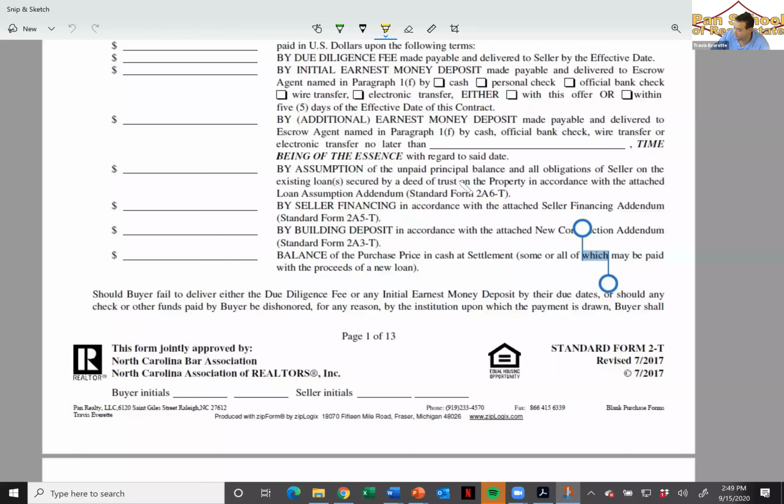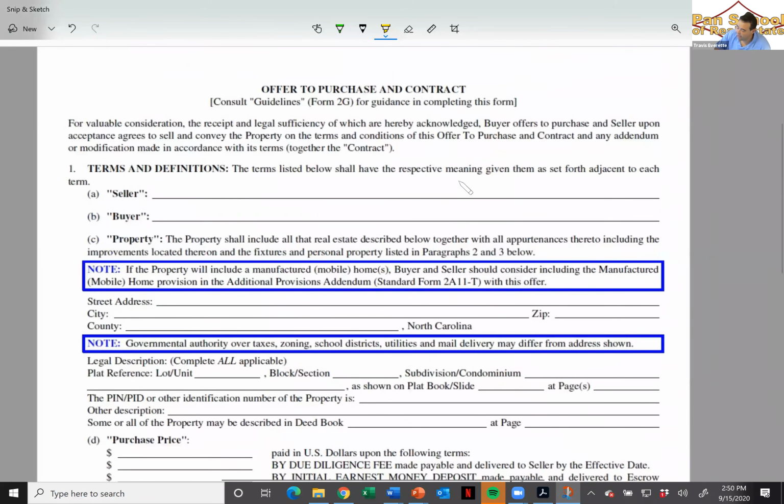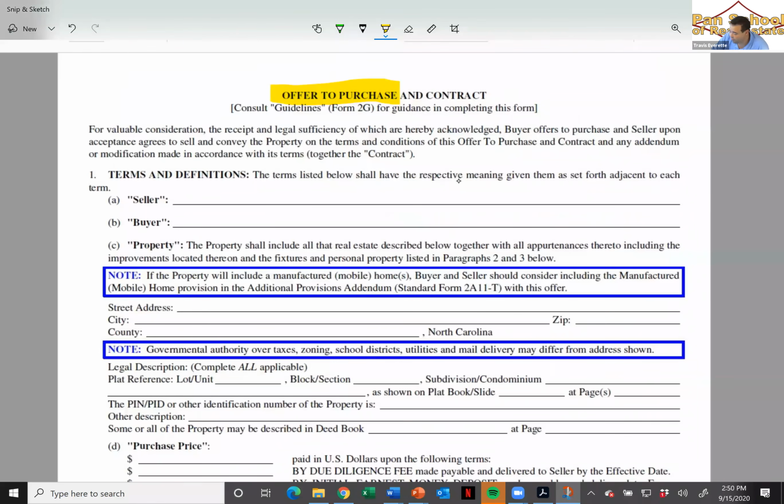And it actually says right there, standard form 2-T. So this shows you that this form is the NC Realtors version of the form, and it's called an offer to purchase, and then it becomes a contract.